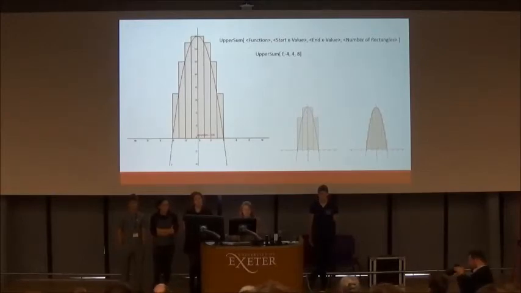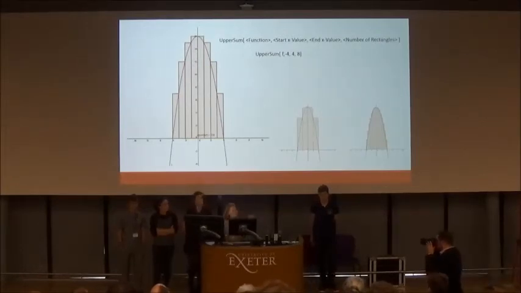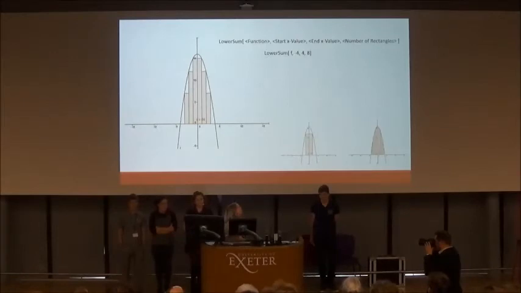With the rectangles, if there's less, it's less accurate, and then more means more accurate, it gets a better approximation sort of thing there. And you can do the same with the lower bound, with the lower sum function. The upper bound, the rectangles extend outside the curve, and the lower bound, the rectangles are bound within the curve.